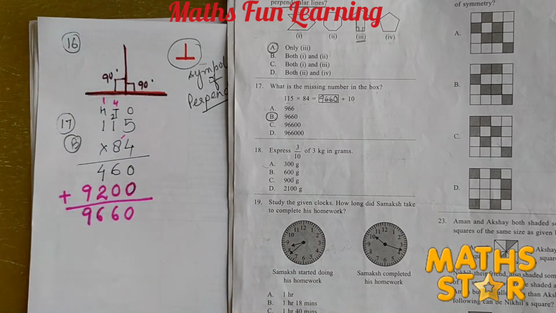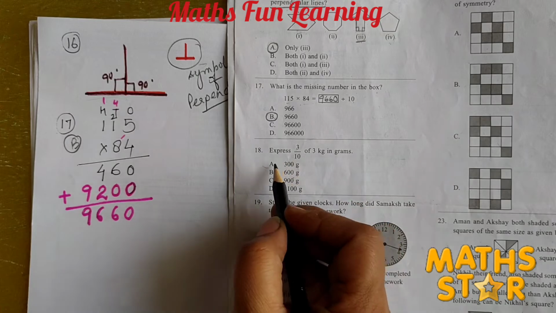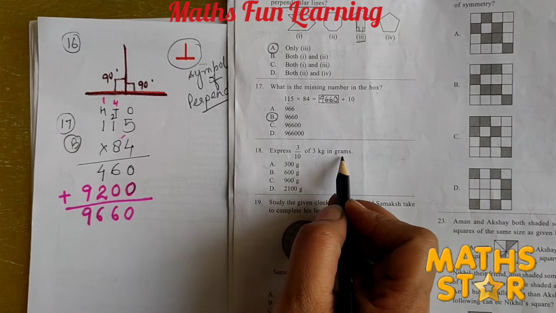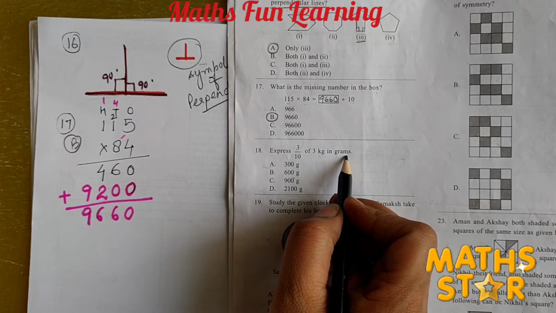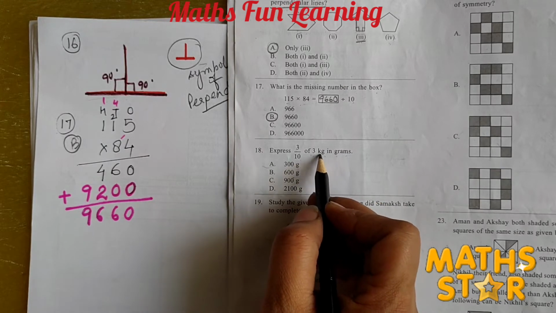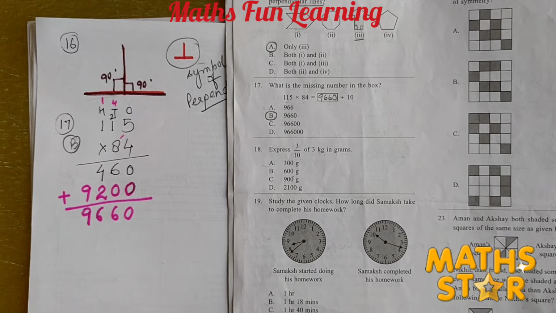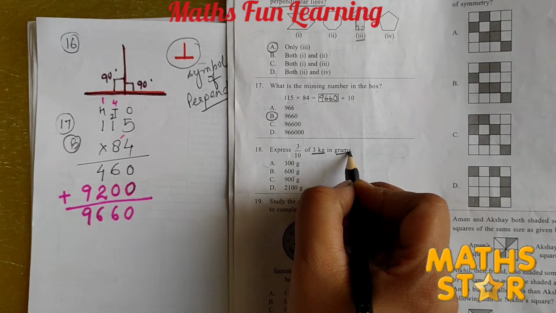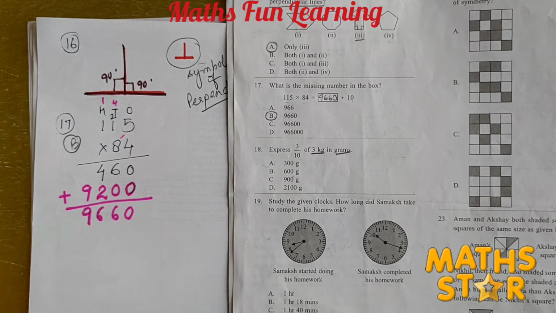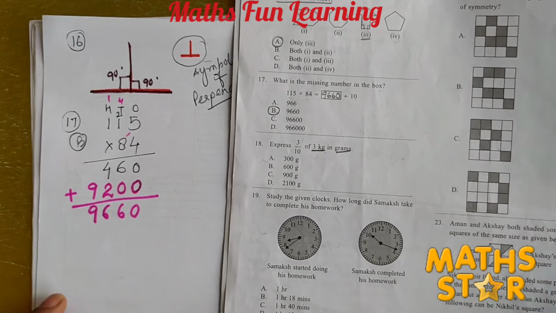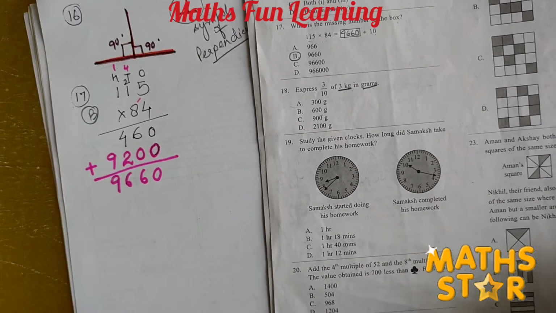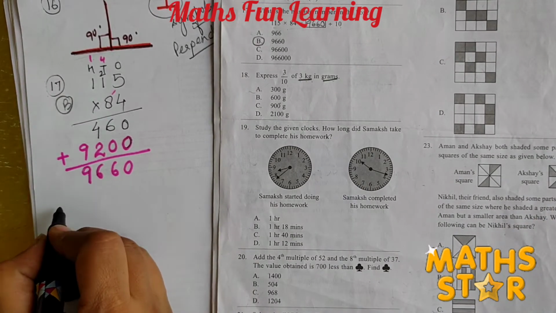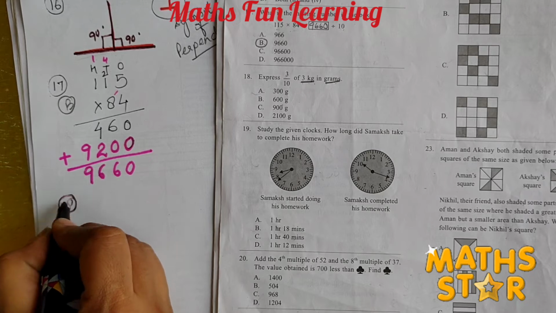Now question number 18. Express 3 by 10 of 3 kilograms in grams. Read the question properly. It says kilograms. You have to change it into grams.